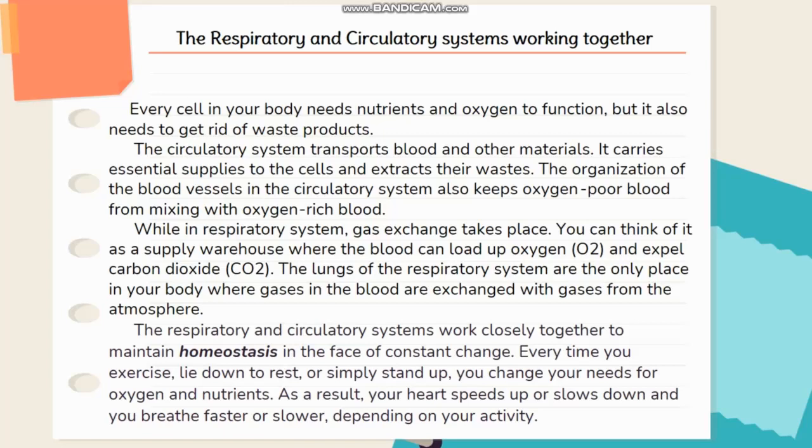And then, without the circulatory system in return, the respiratory system will not also be able to function properly because it will not be able to expel the waste material, which is the carbon dioxide. So, hand in hand, these two systems work together to help us maintain homeostasis or balance in the body. Without each system, each one will not function properly.